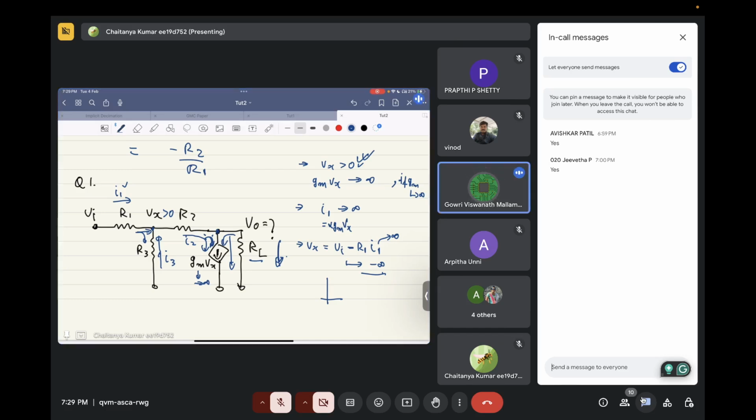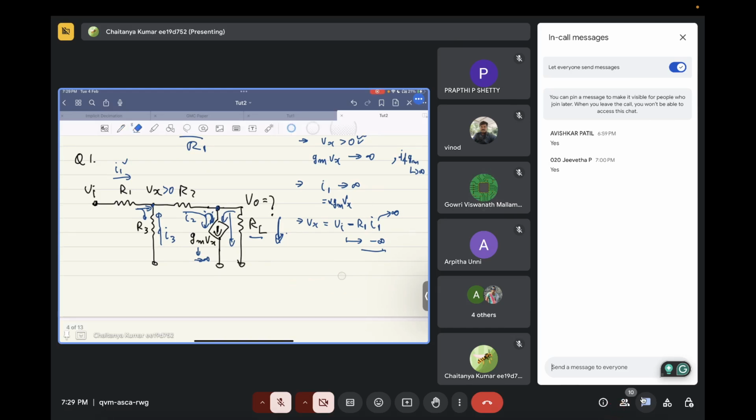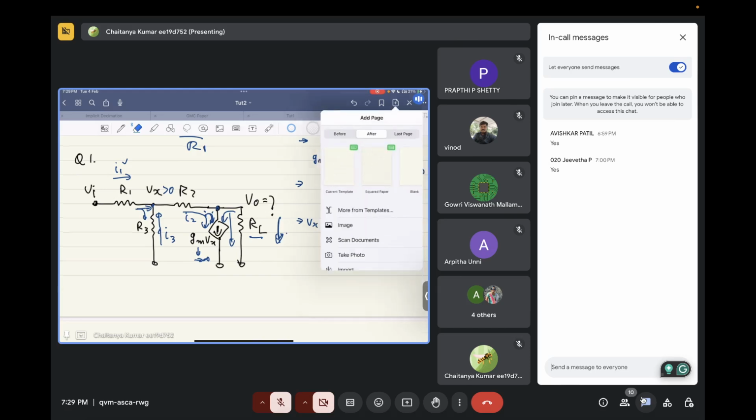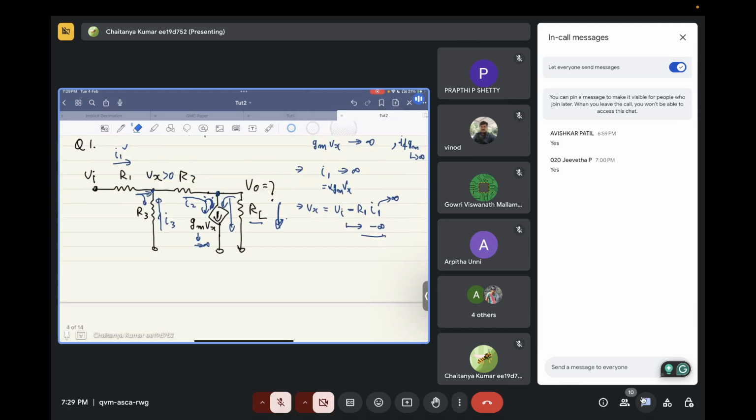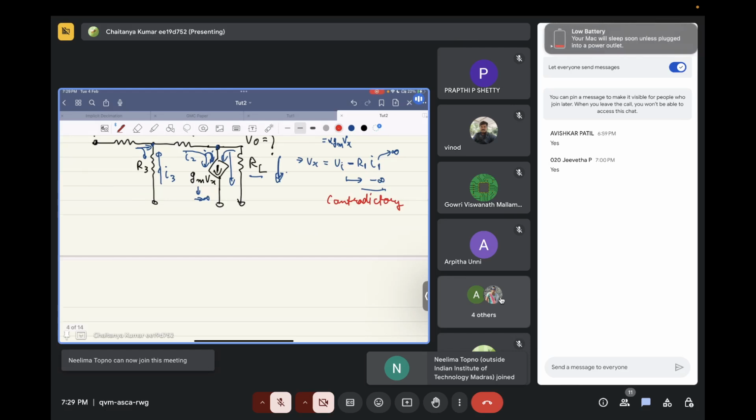Okay, sir. Now, if Vx can't be greater than zero, then what is the other condition that you can have? Vx, let's say, can be less than zero. So the other assumption we can make is assumption two.